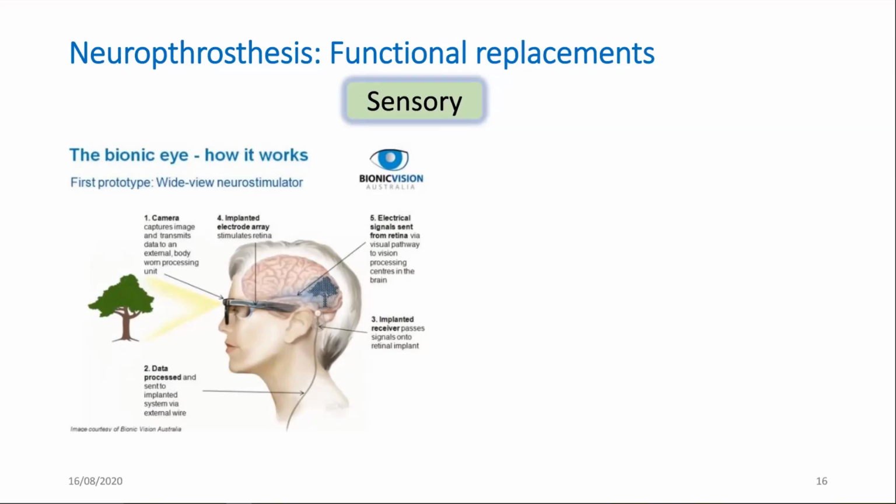Even a blind person with retinal degeneration or macular degeneration, some kind of neuronal degeneration disease, could see.